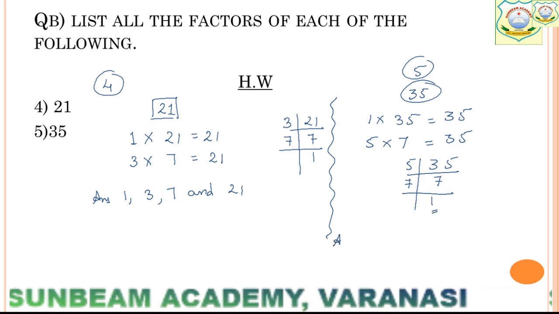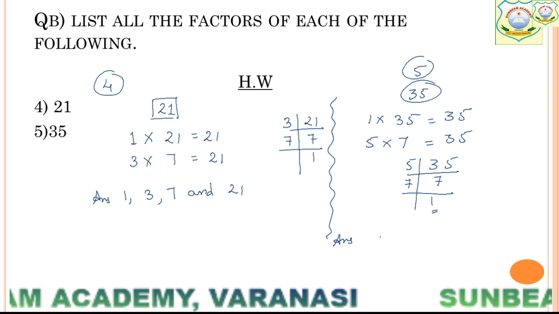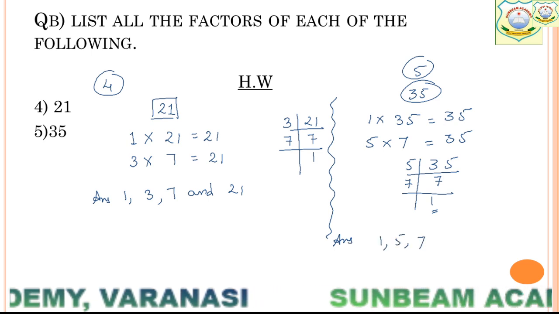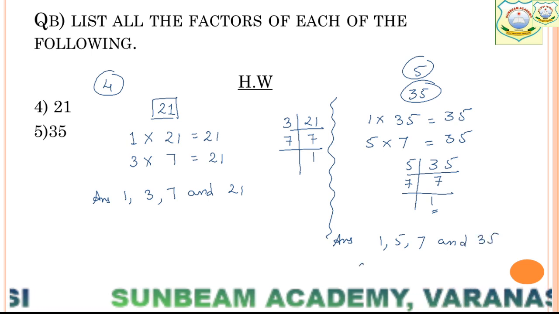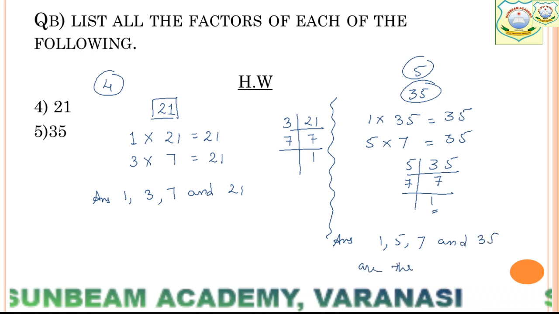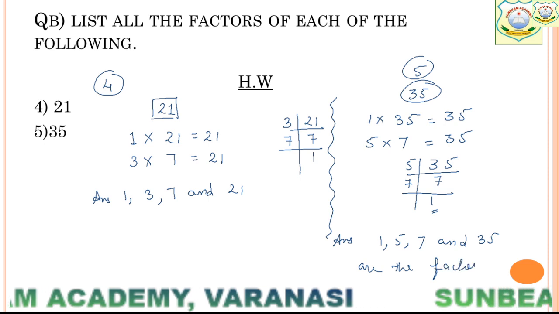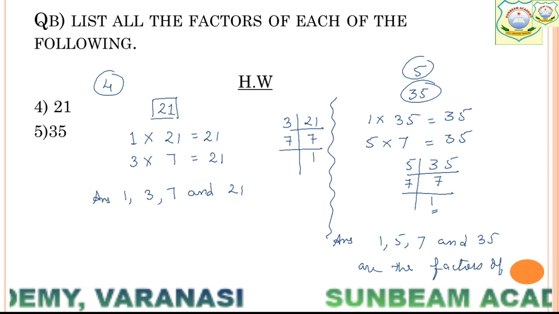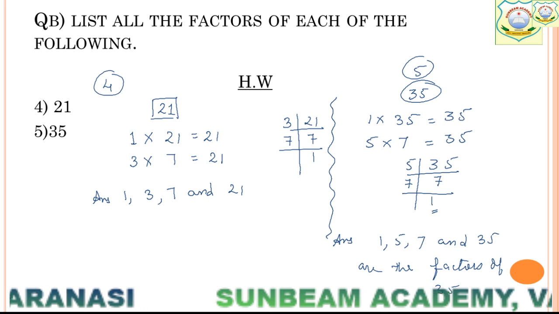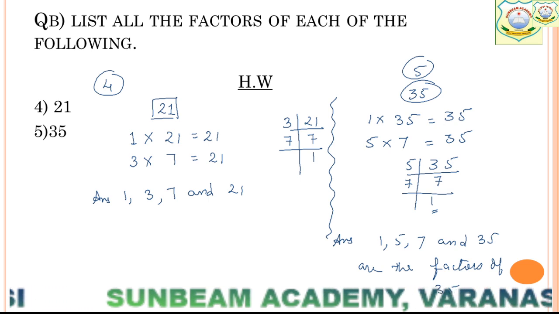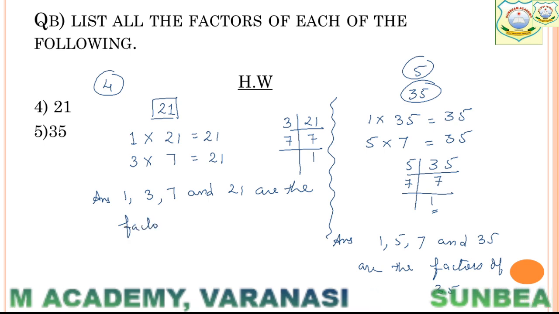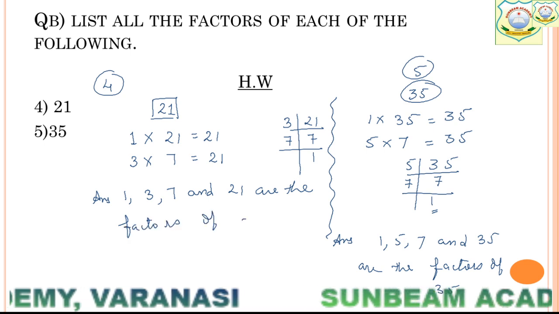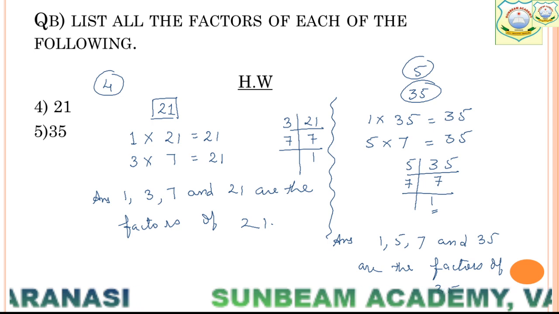So the answer is 1, 5, 7 and 35 are the factors of 35. Here also we will write the same thing. 1, 3, 7 and 21 are the factors of 21. Okay, got it?